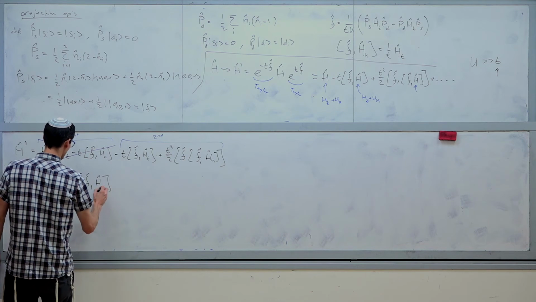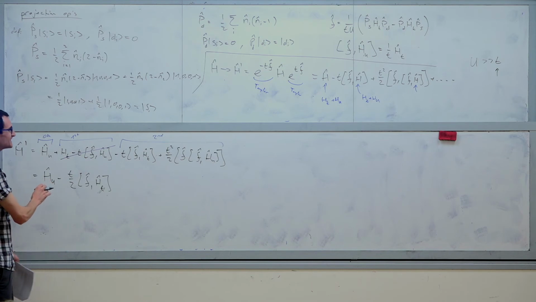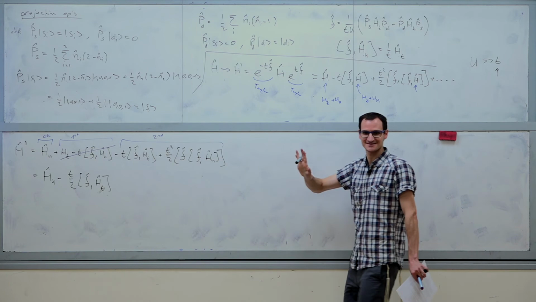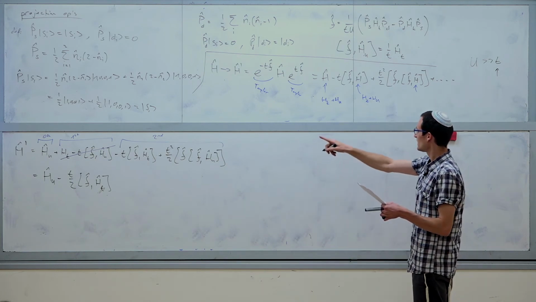Again, it looks complicated. I promise this was simple math. You see it? Seriously, if I tell you it's simple, it's simple. Not many things are, but this is. Just plugging in this commutator into here. Right? Okay, very good. So this is our H prime.